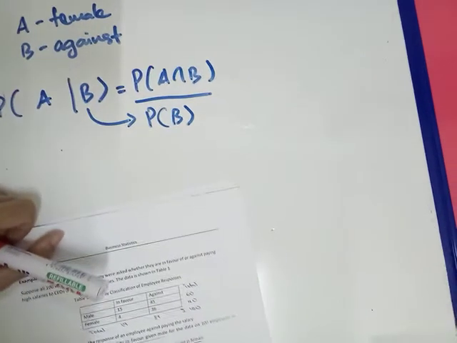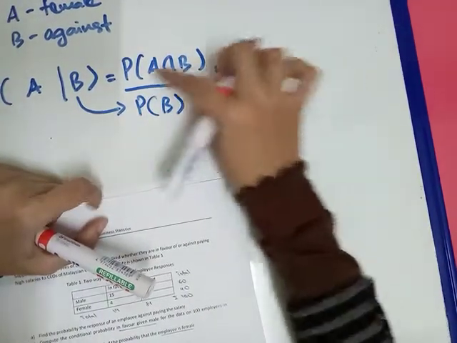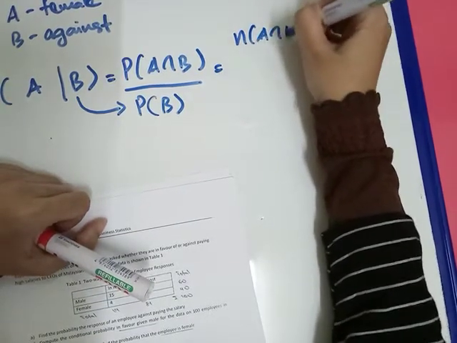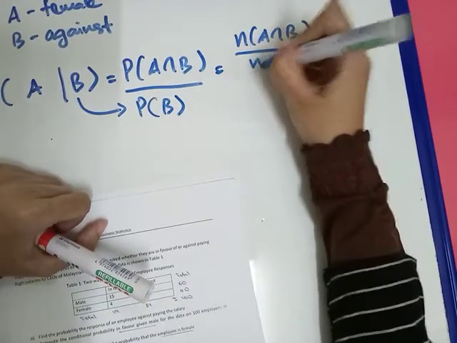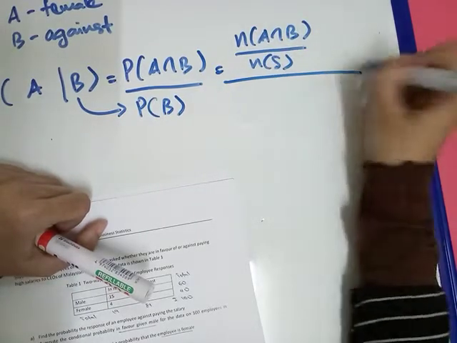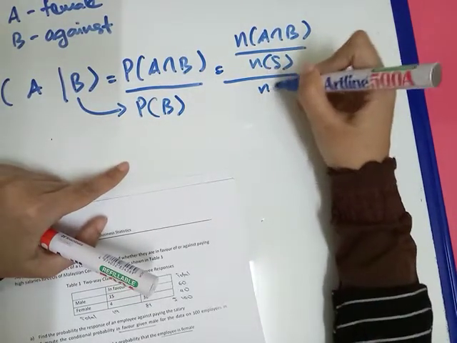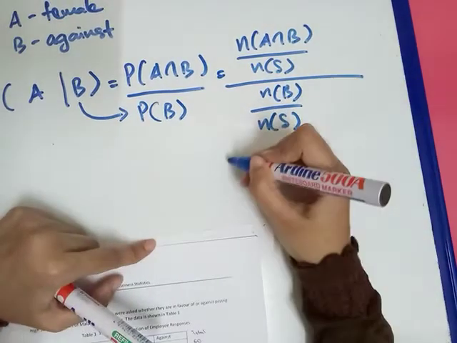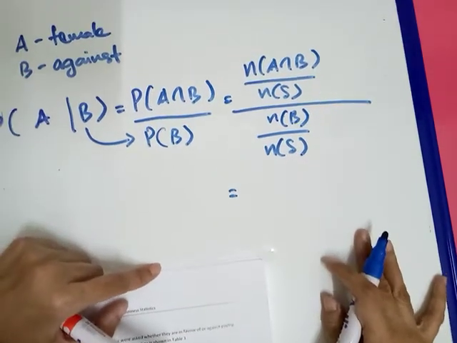Okay, ni faham tak setakat ni? So probability of A intersect B. Okay, macam tadi juga, the number of element A intersect B over number of element in sample space, divide probability of B, the number of element in set B over number of element in sample space. Okay, dia punya formula probability dia.